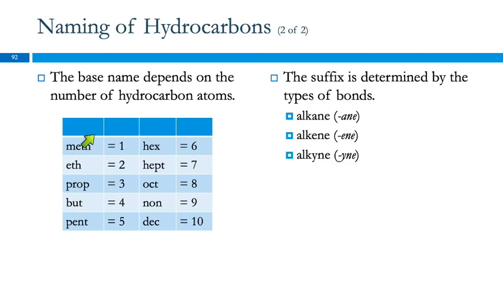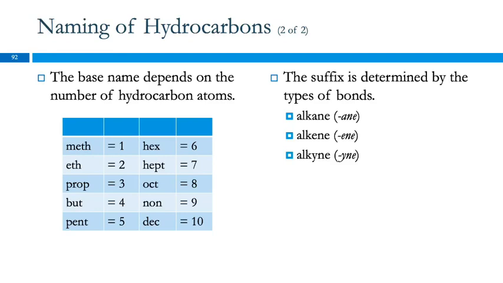Pent for 5, like pentagon. Hex, hept, oct, non, dec. These are the same prefixes we used earlier today without the A's at the end. And then the first 4, of course, have to be difficult. Meth, eth, prop, and but.